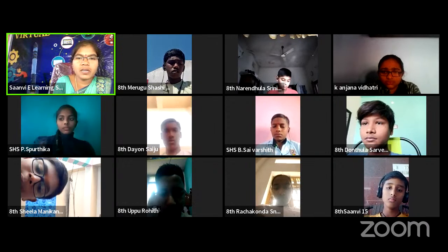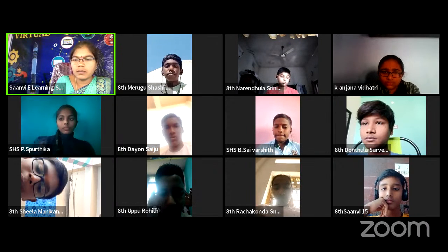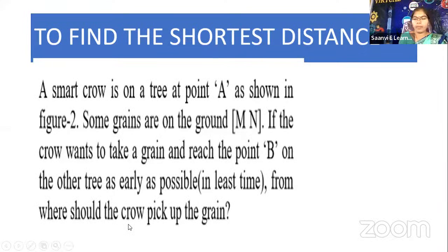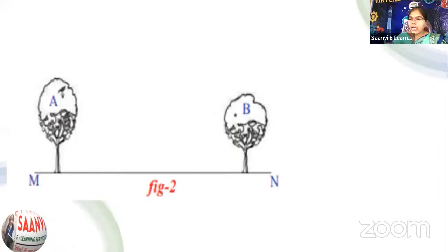Now coming to our activity. See, in this figure, this is tree A, and here it is tree B. Here M and N is one surface.